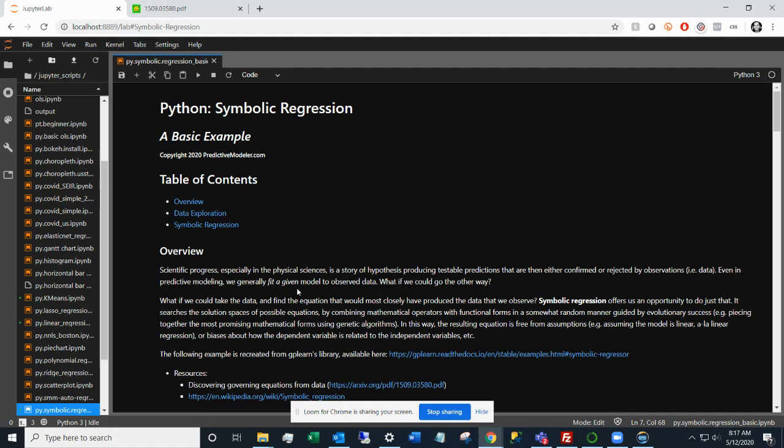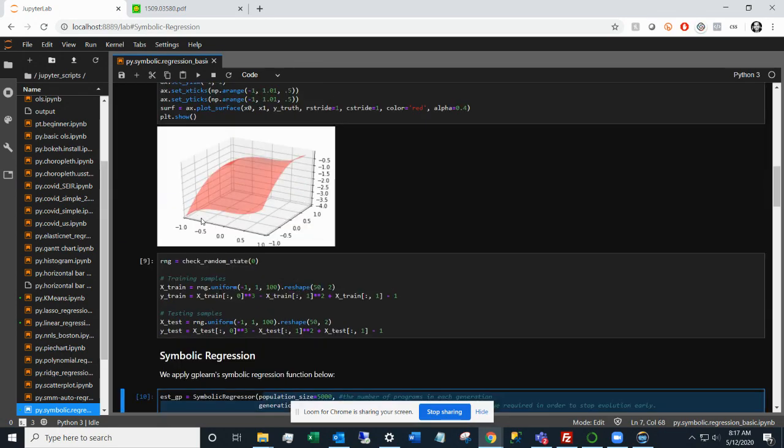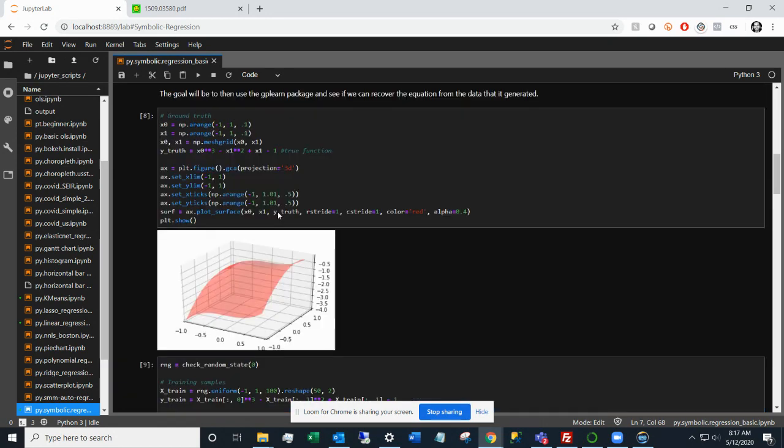You just pass through the data and your features, so x naught, x1, x3, however many. In our example we have x naught and x1 only, so we can imagine the solution surface in 3 dimensions. But you can have more than that, and then you can't even plot it, to really understand what might be going on.